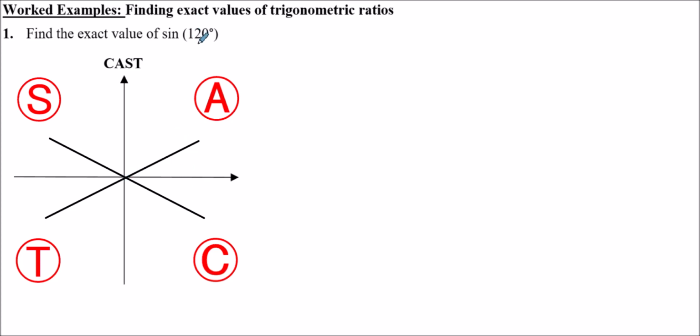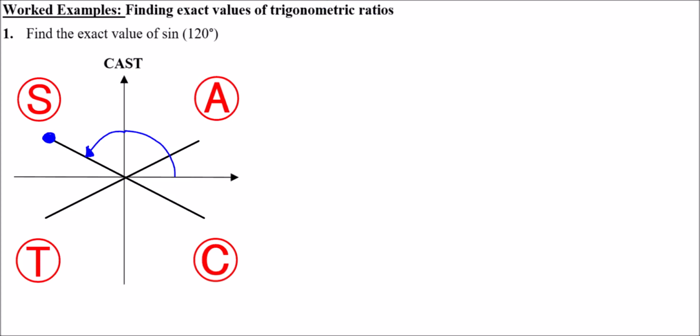So 120 is positive, so what we do is we go around until we get to 120. So here would be 90 degrees. 120 is definitely in between 90 and 180, so it's going to be somewhere in the S quadrant. Okay, so sine 120 is going to be here somewhere.